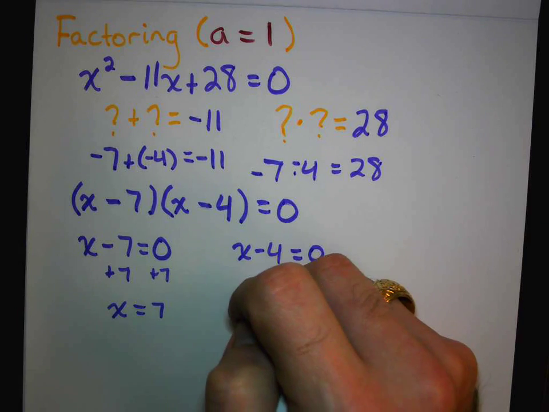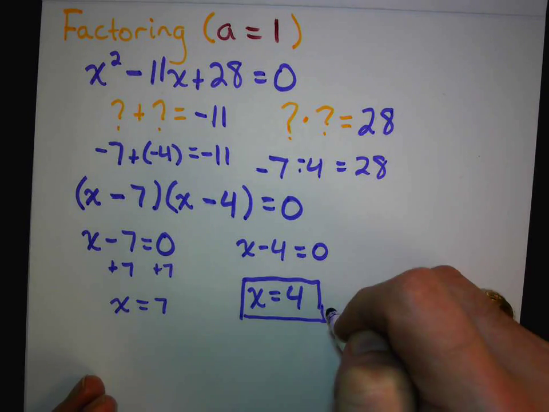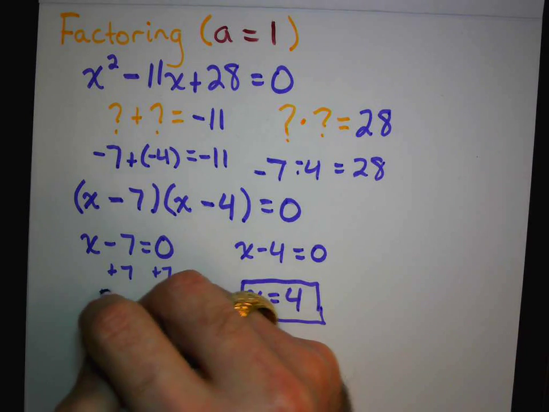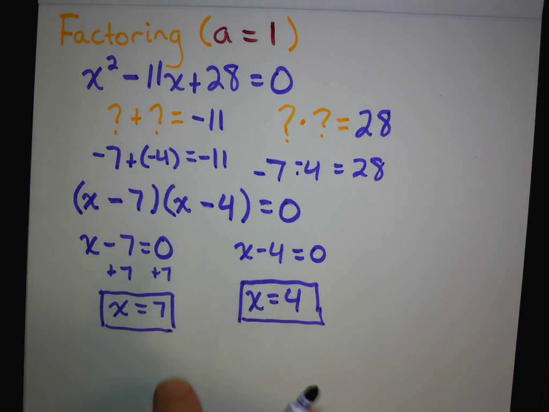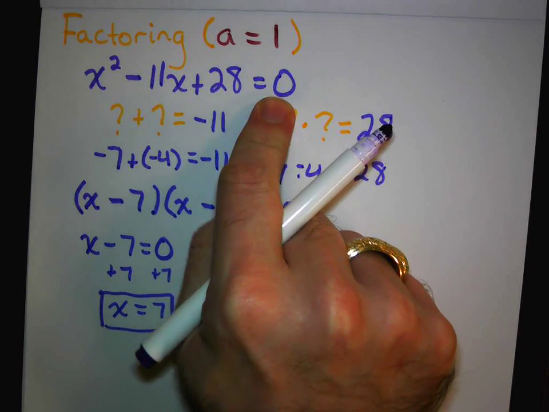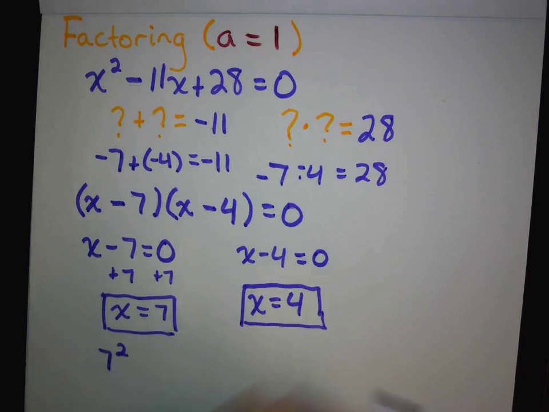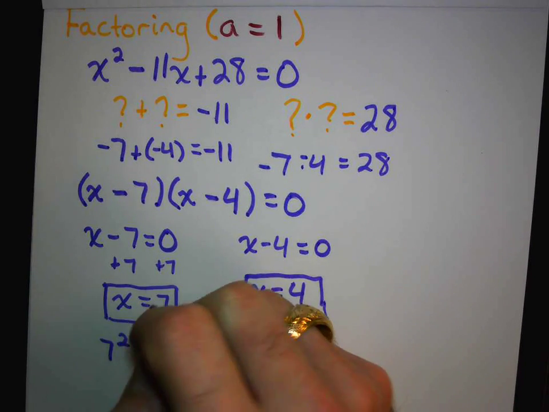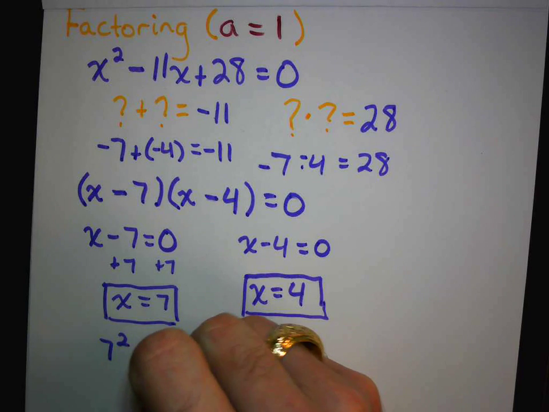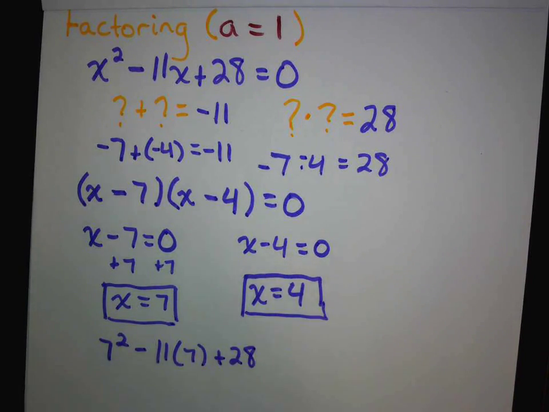Now, it's always a good idea, once you find your solution, to go back and make sure it works. So all we have to do is plug this number in for x and see if it really does equal 0. So when I say 7 squared minus 11 times 7 plus 28, I want to know, does that really equal 0?